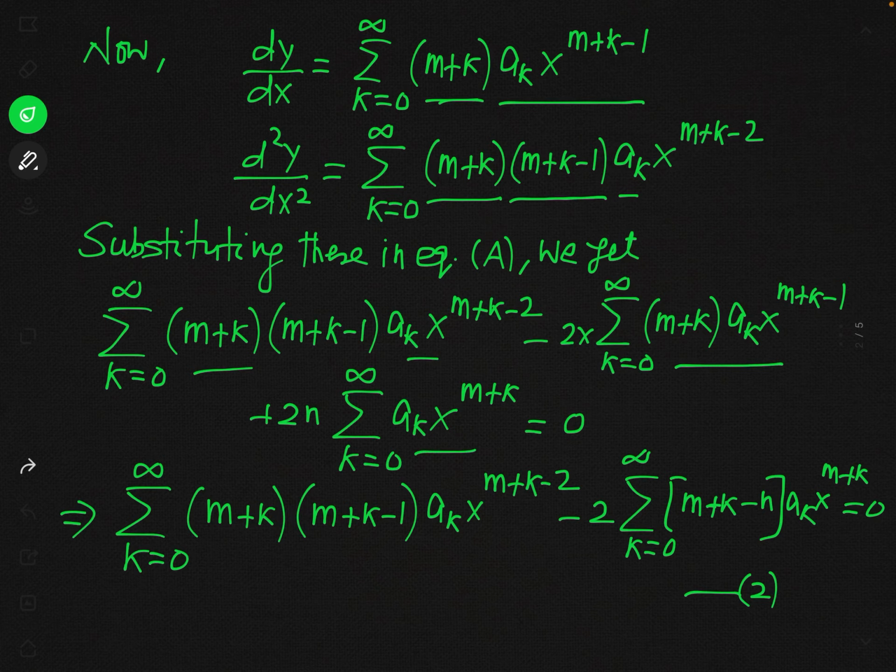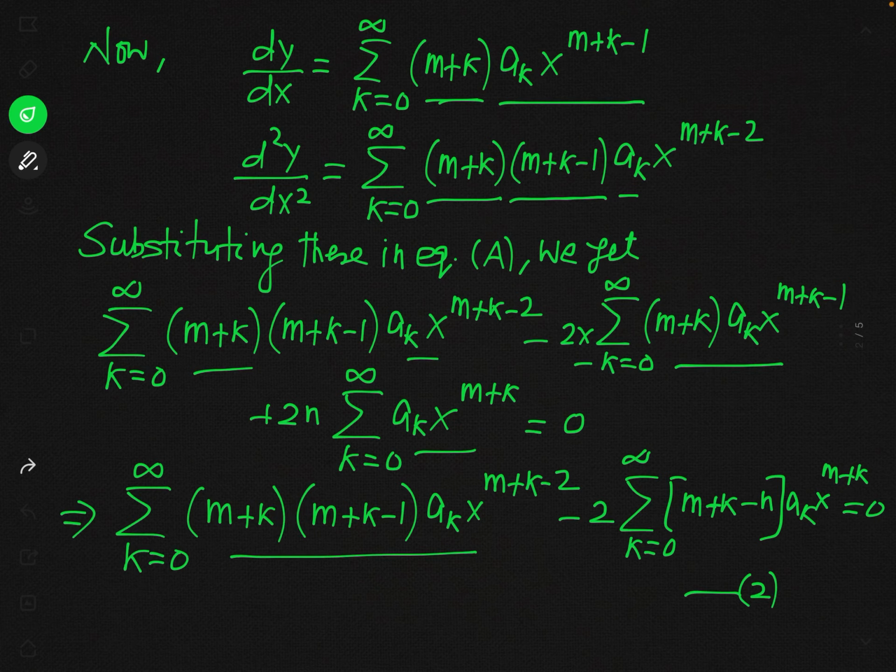Now we will simplify this equation to some extent. The first term remains as it is. You can see here there is no change in this first term in this step. And now let us multiply this second term by this x. So after multiplication, the x will have a power m plus k, and in the last term there is also x raised to the power m plus k.